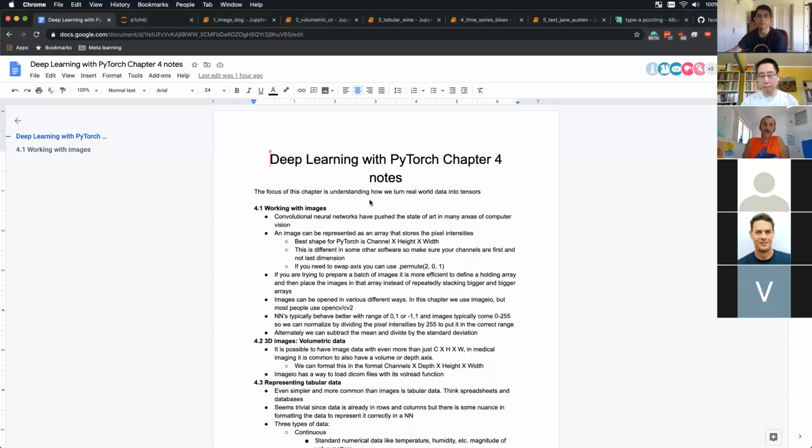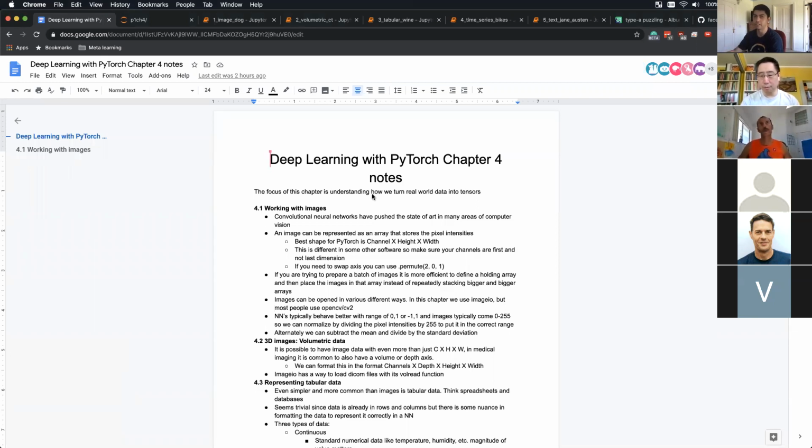All right. So last week we talked about the general underpinnings of what tensors are, the data types, and all of that kind of stuff. And in this chapter, we're looking at how you actually take real world data, put it into tensors, and represent it as something that a neural network can utilize.